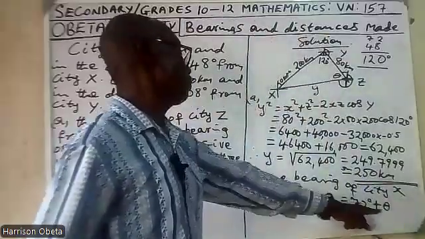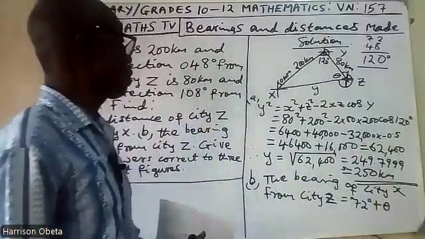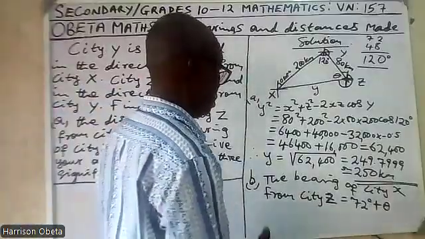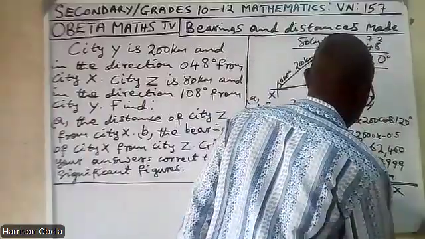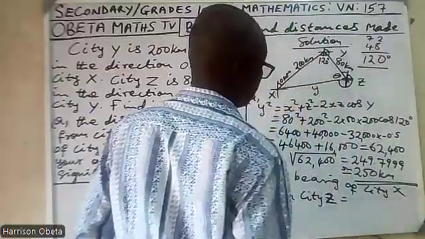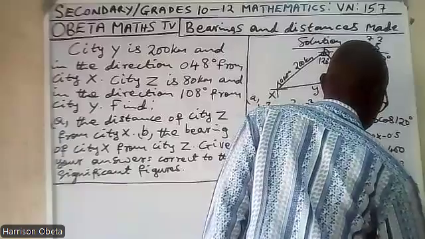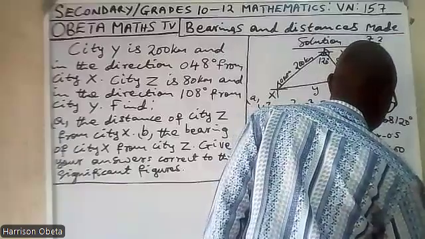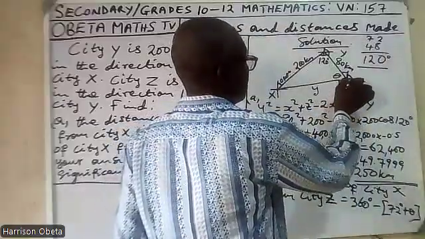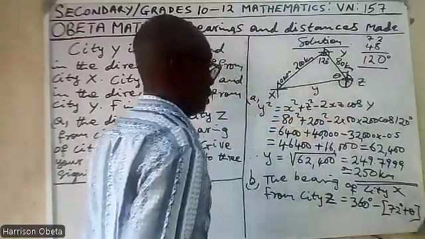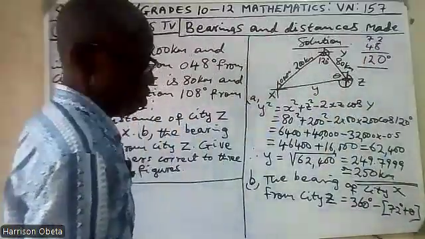But remember, we are going to look for theta in order to conclude. Please, there's a little mistake. As I explained earlier, it's supposed to be 360 minus bracket 72 plus theta. That is, this plus this removed from 360. And we are here to know theta. So we have to come back and calculate that.